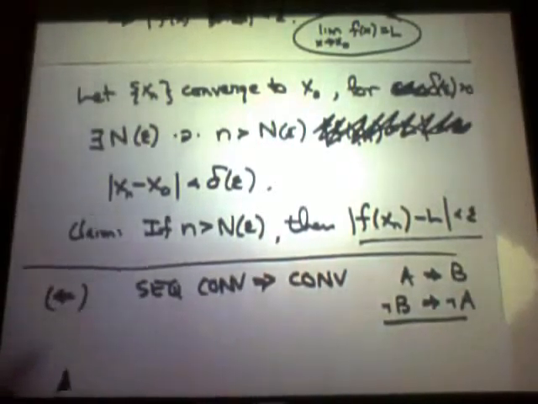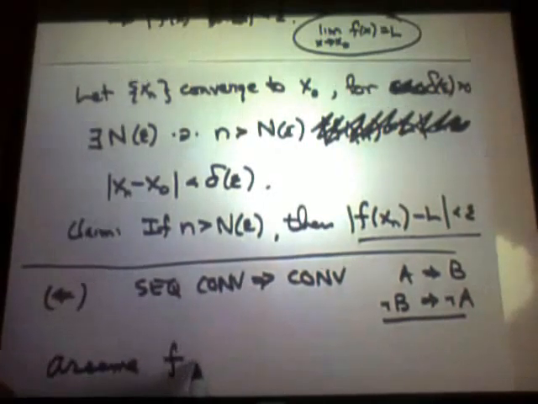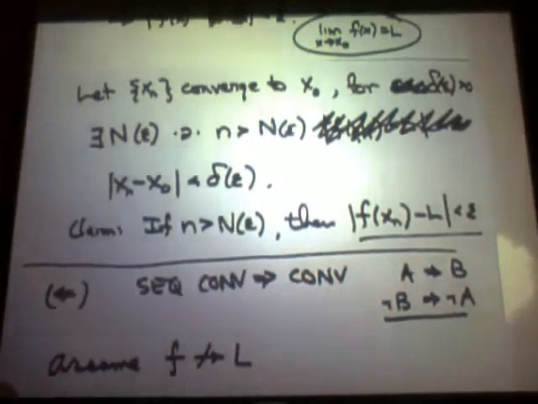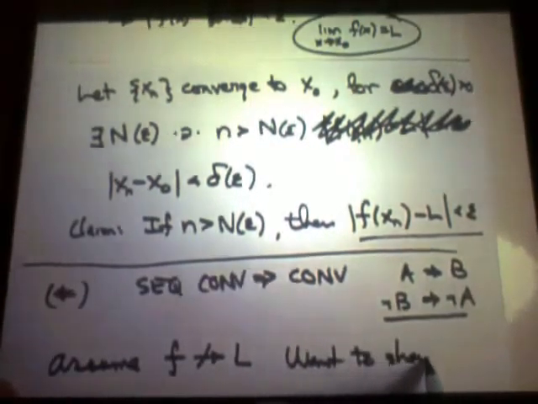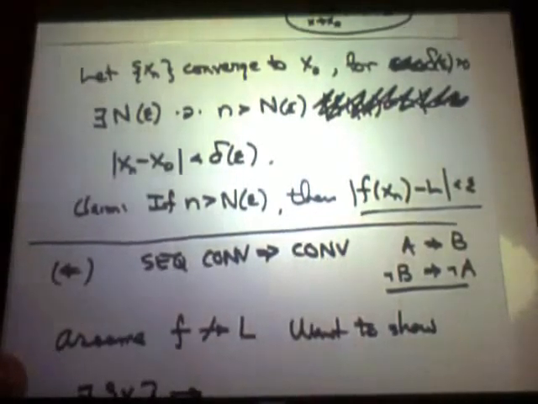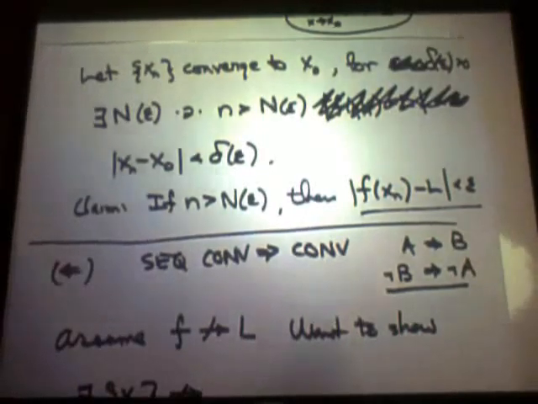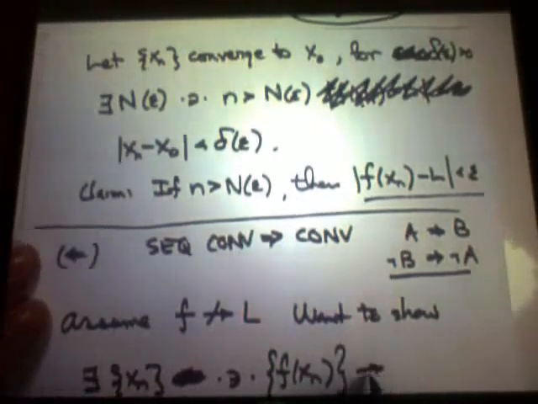Okay. Assume f does not converge to L. We want to show there exists a sequence x_n such that f of x_n, the corresponding sequence, does not converge.